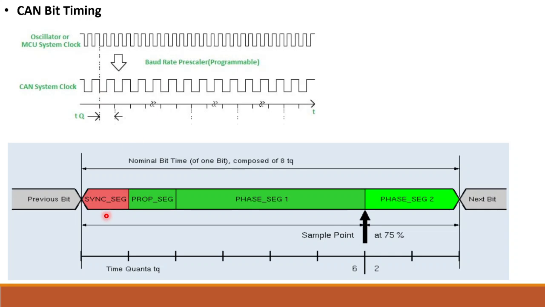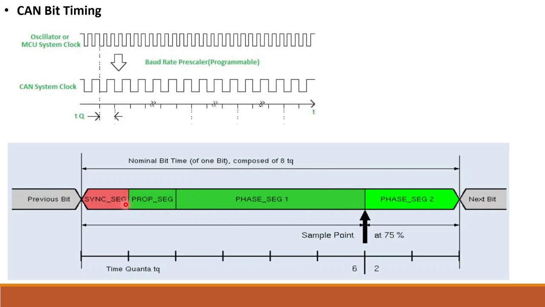Here you see the sync segment, propagation segment, phase segment 1 and phase segment 2. Each nominal bit we divide into the four segments, and in the next bit also we denote the same. So if I want to see how it is sent, we use all four segments.